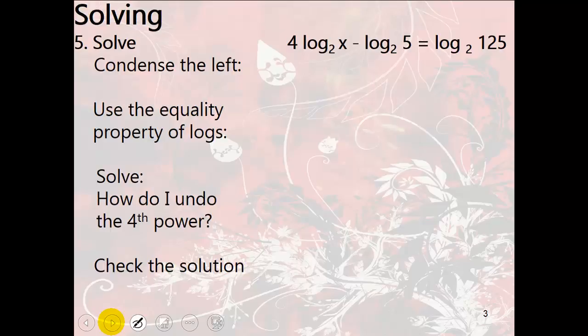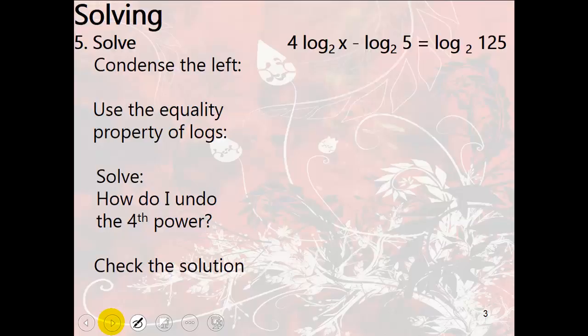This next problem is going to require that we condense before we solve, okay? So notice that I have a bunch of logs. I have 2 on the left, 1 on the right. If I could condense that left to a single log, then, seeing as my bases are the same, I could set my inputs equal to each other using the equality property of logs.